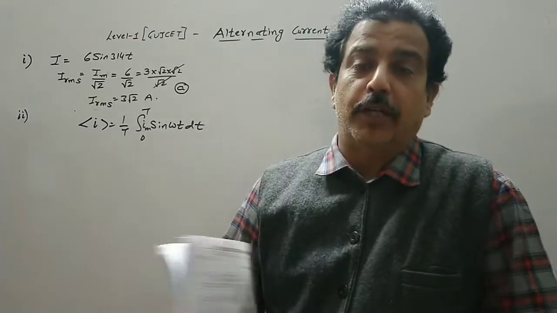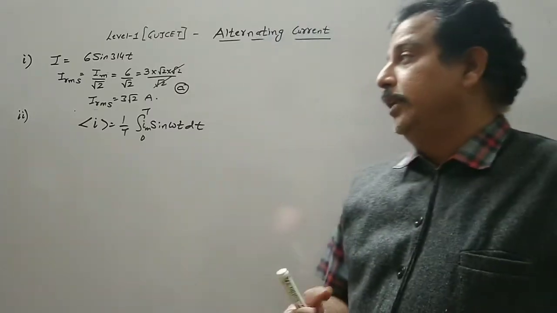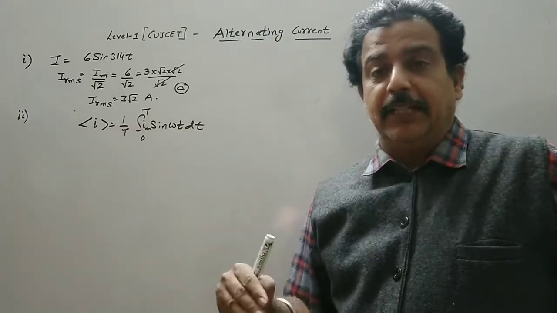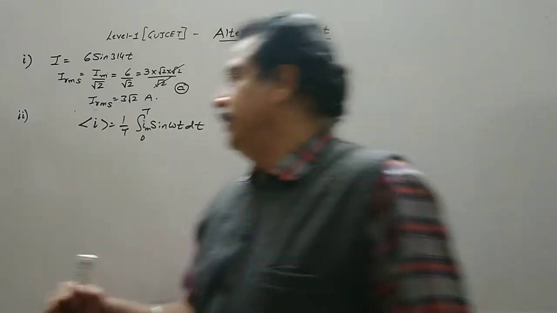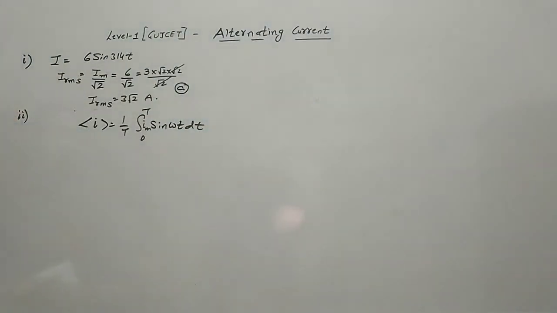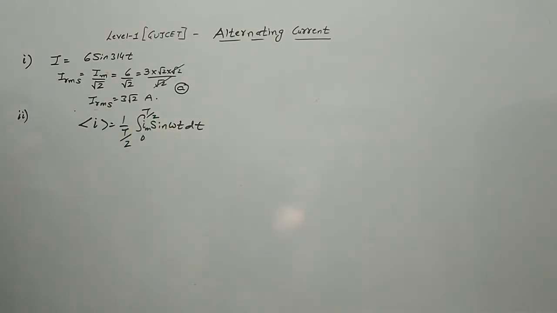So we assume a half cycle, because if we try to find the relation between the mean and the IRMS, the mean itself comes out to be 0. So we have to find it for a half cycle. So for a half cycle, we take here T by 2, and here also it becomes T by 2.